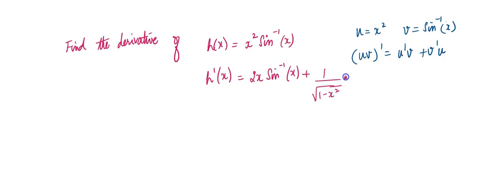That's v prime times u, and u is x squared. So just clean that up: 2x sine inverse of x plus x squared over square root of 1 minus x squared. And that is the answer. We did the hard work, the heavy lifting before, and therefore now we can just enjoy the fruit of our labor by utilizing the formula in our product rule.